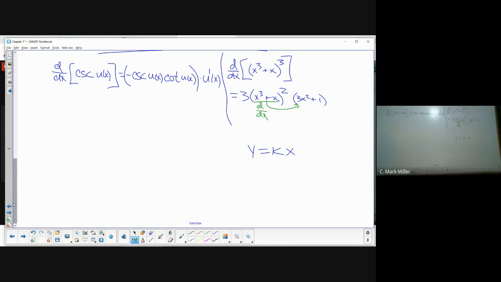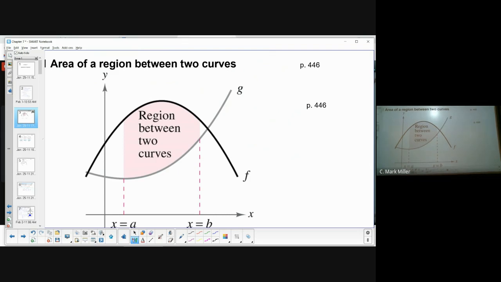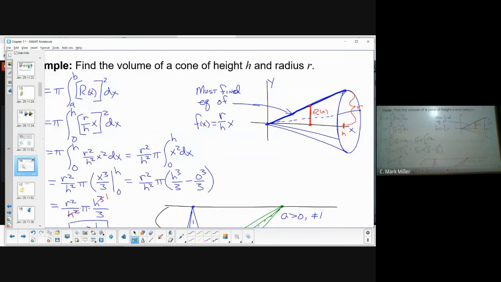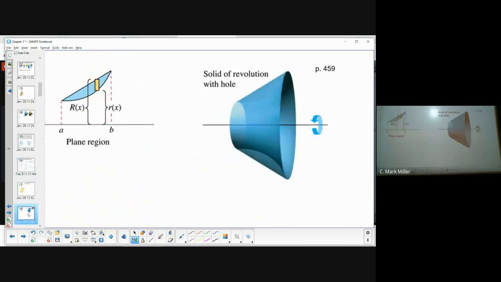Moving on. Let's see here, where are we at? We were down here quite a ways actually. We were doing disk. We've done that. Right there. Okay, we're about to do the washer method.